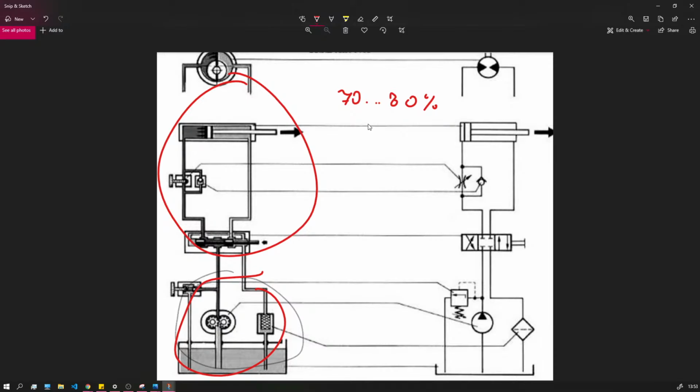Much better than pneumatics, of course, but the problem with hydraulics is that when trying to push liquid through a pipe, the flow itself has restriction. Well, basically it's viscosity. The more viscous the liquid, the harder it is to make it flow.